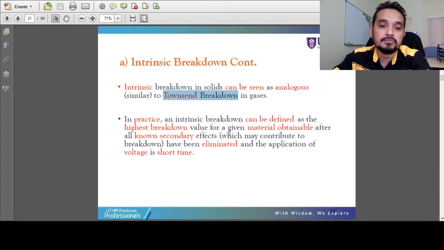What happens in Townsend breakdown is that the electron manages to escape from the valence band of the atom, gaining a certain amount of energy that allows it to escape from the atom, and that will trigger the intrinsic breakdown.